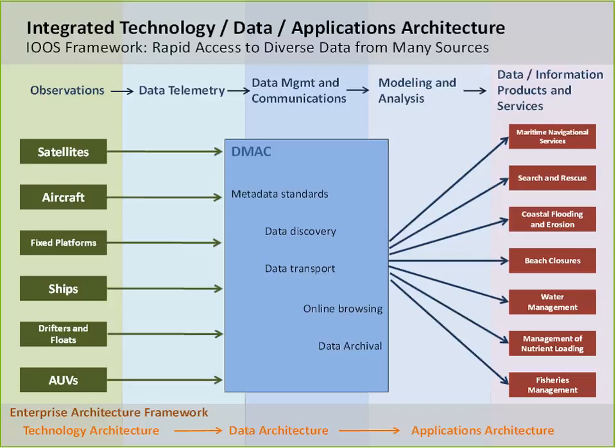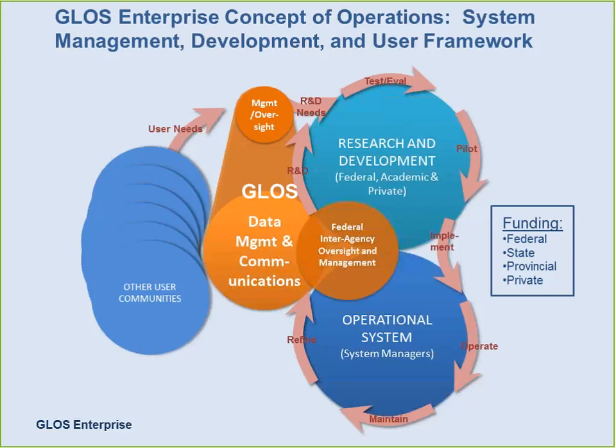Not all are environmental water quality modelers, but it's good for us that these data are all in one place. And the heart of it is the data management and communication system.